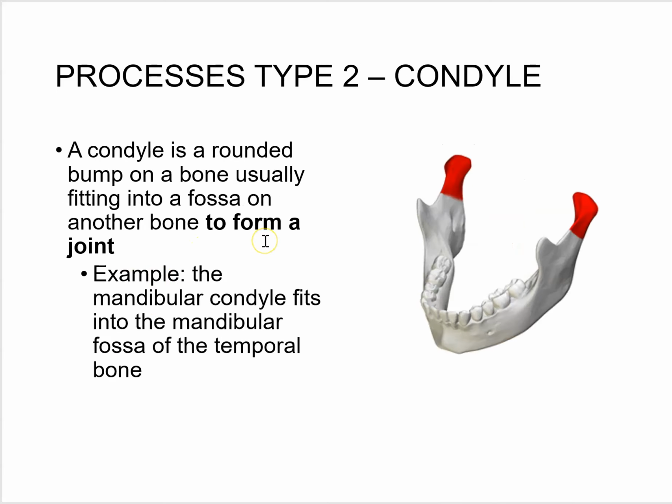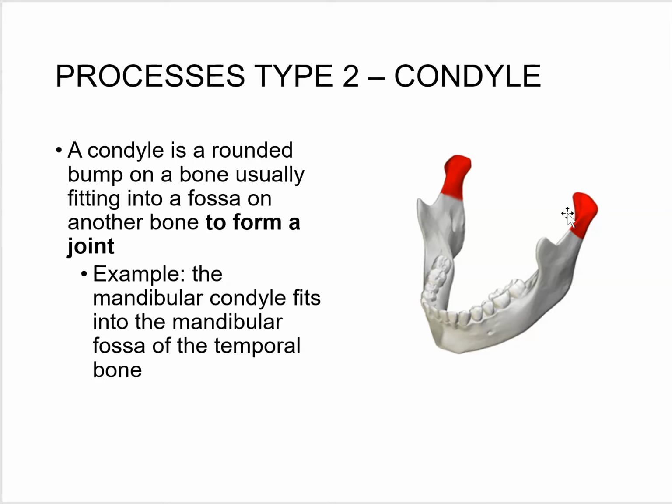There's also a condyle. A condyle is a rounded bump. Notice this condyle is not as prominent as the head on the one that we just looked at, but it is a distinct end to the particular bone. So a condyle, this bump, is generally going to fit into a fossa.